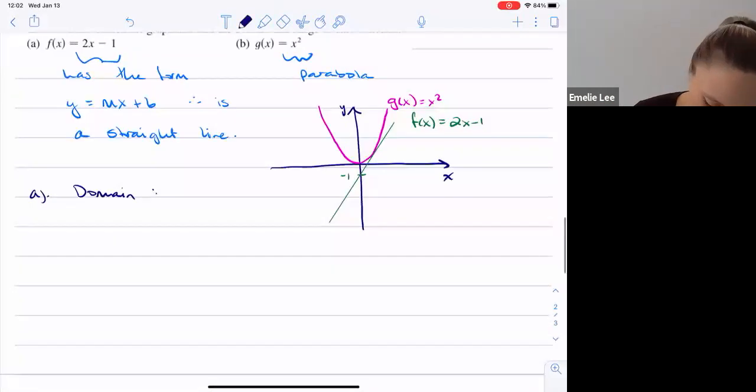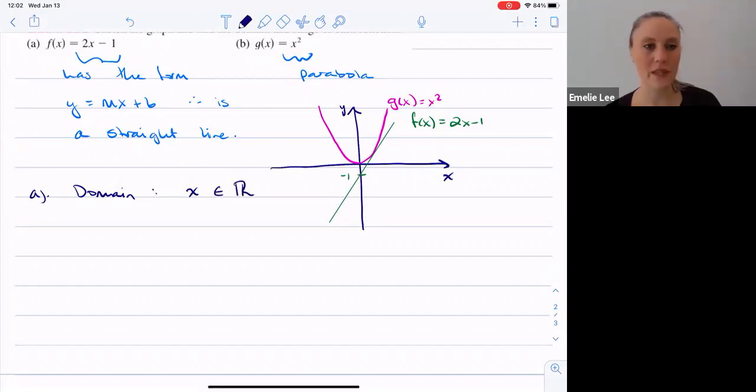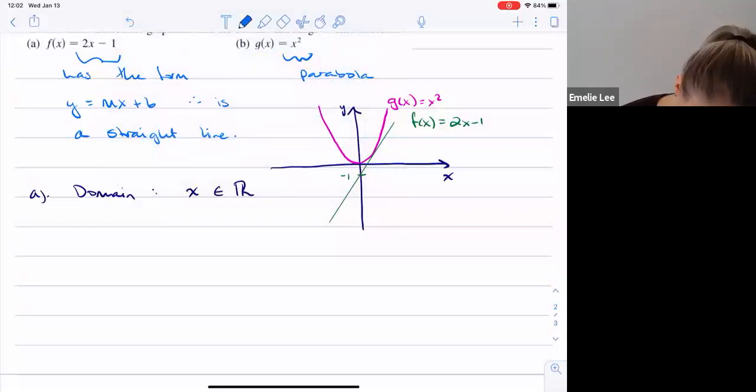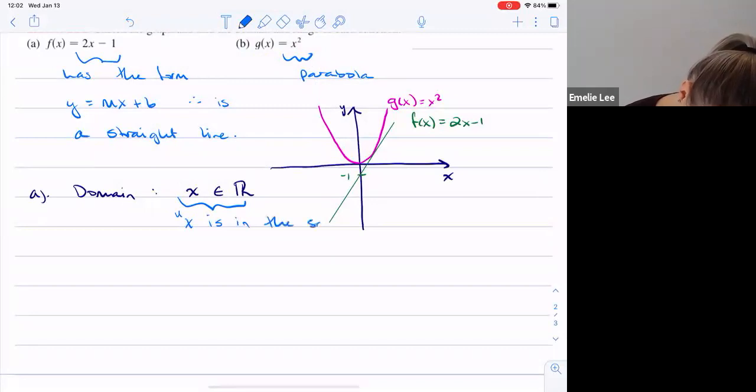Now, it doesn't matter how you represent this, but you might remember something like x is in the set of real numbers, right?